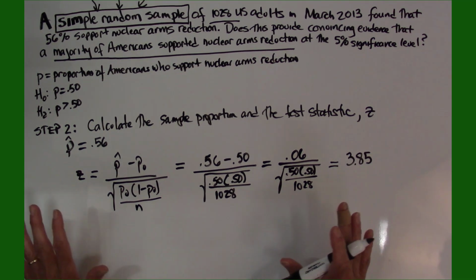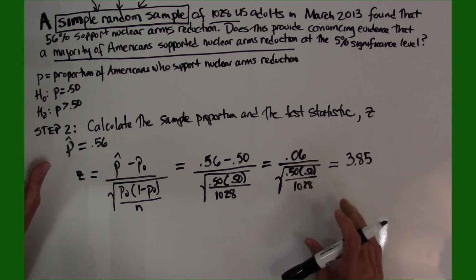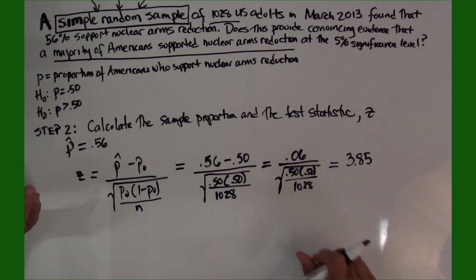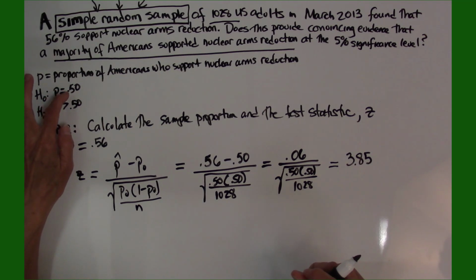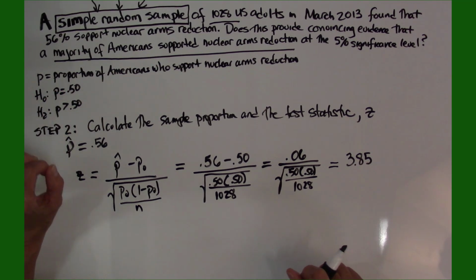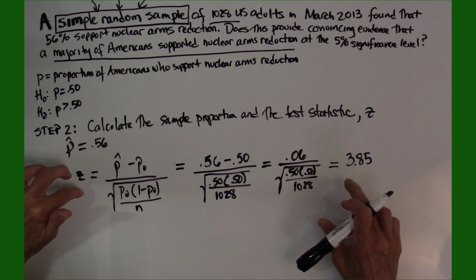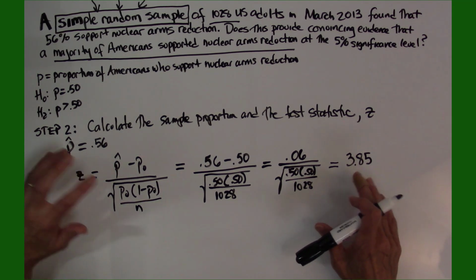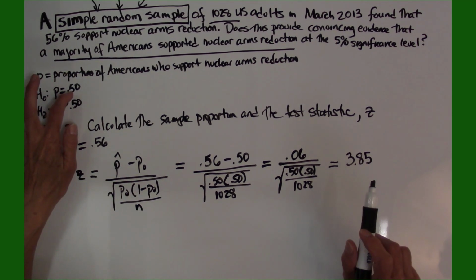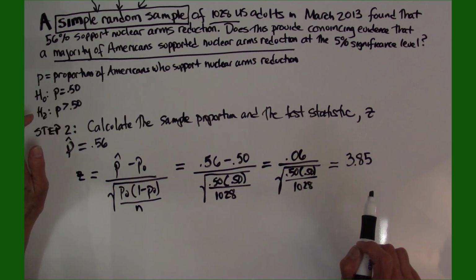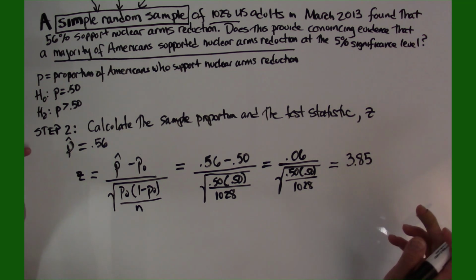Let's think about what that means in the context of this problem. We have assumed that the center of our sampling distribution is 0.5. This test statistic means that our sample proportion is 3.85 standard deviations above that value, which seems very unlikely.